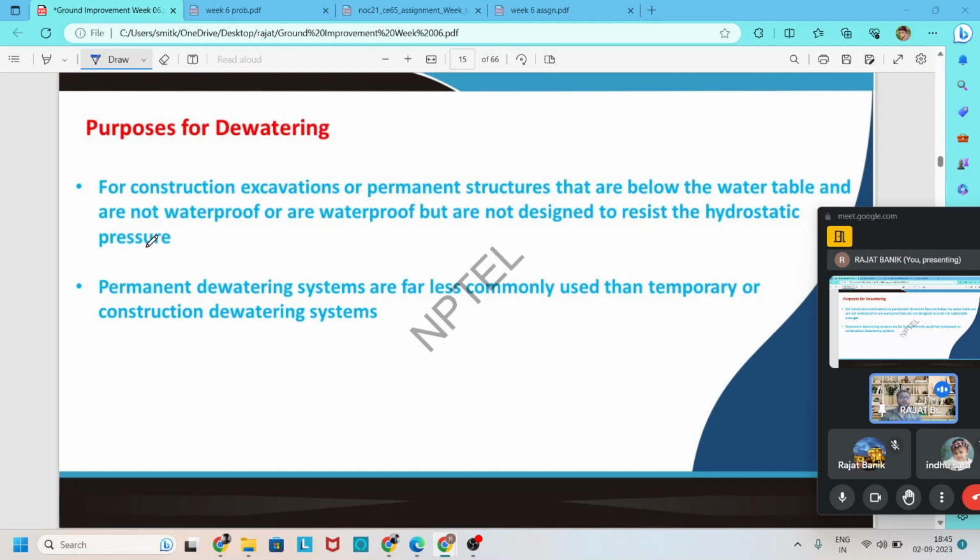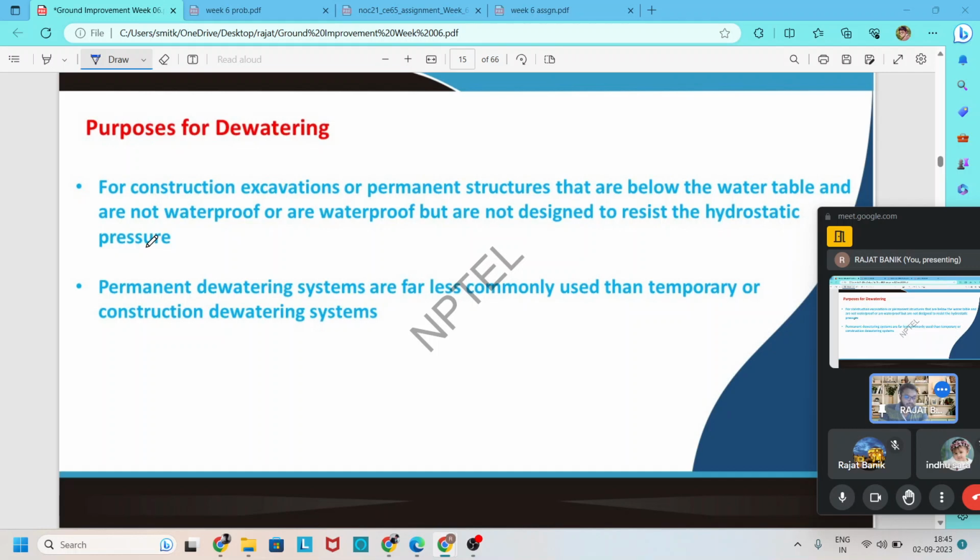That means if the water table is present below the structure, or the structure is not waterproof, or it is waterproof but does not resist the hydrostatic pressure, in that case we use the dewatering technique.